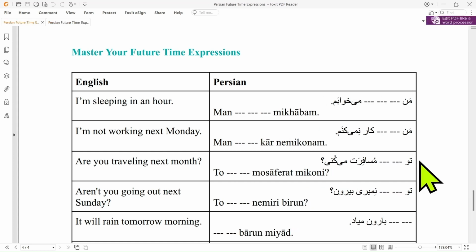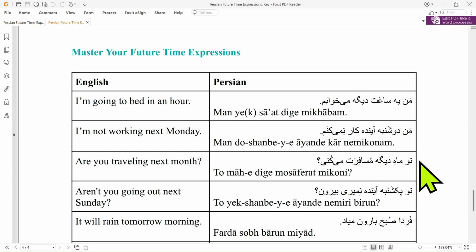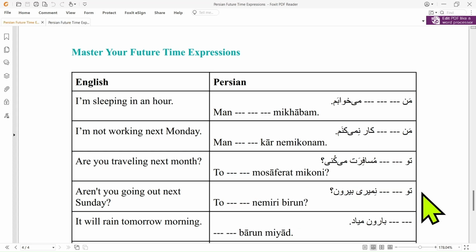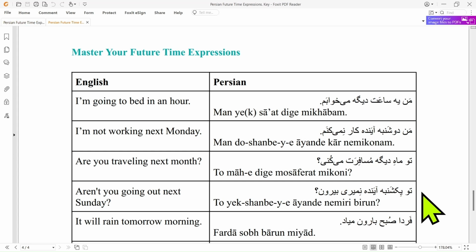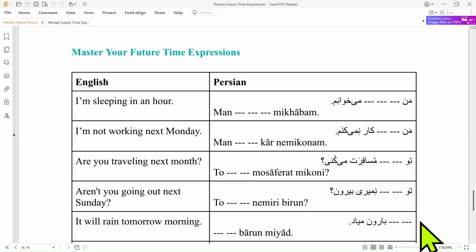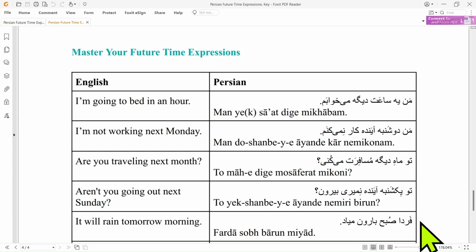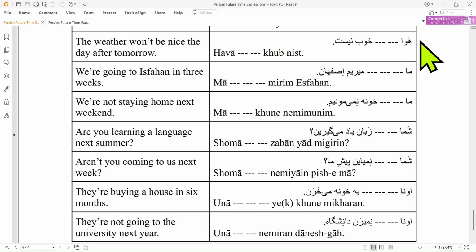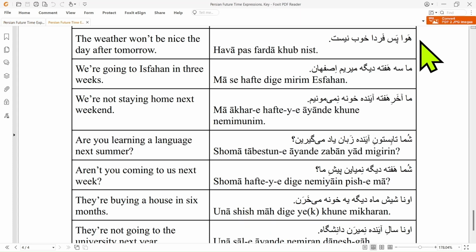Are you traveling next month? تو ماه دیگه مسافرت می کنی؟ Aren't you going out next Sunday? تو یک شنبه آینده نمیری بیرون؟ It will rain tomorrow morning. فردا صبح بارون میاد. The weather won't be nice the day after tomorrow. هوا پس فردا خوب نیست.